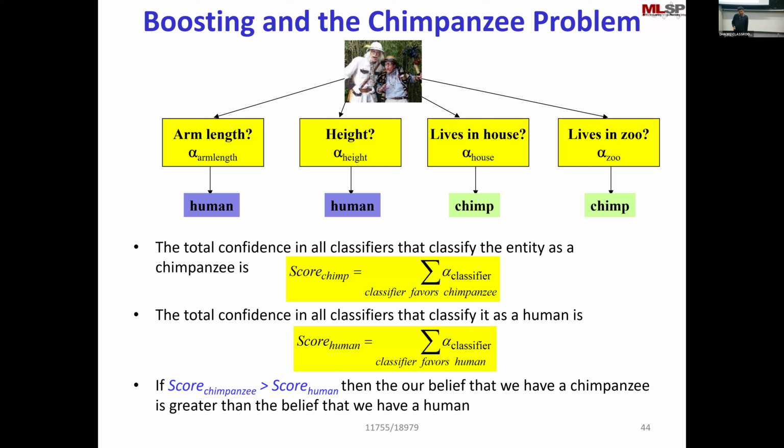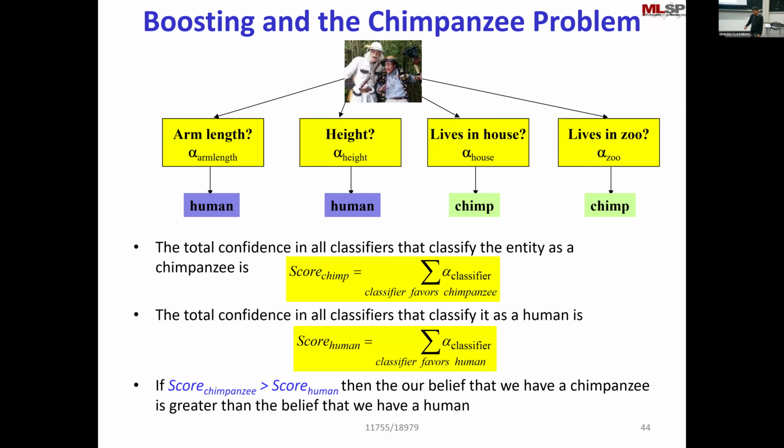Suppose I have a classifier which is right 80% of the time, but is always wrong on left-handed people. Then what is the next kind of classifier you want to give? One that's good at left-handed. Something that's good on left-handed people.